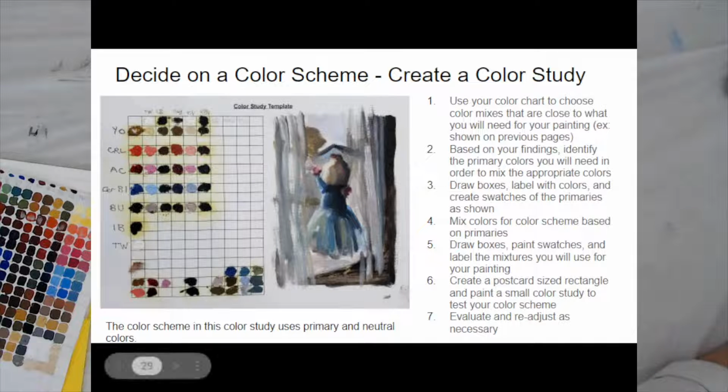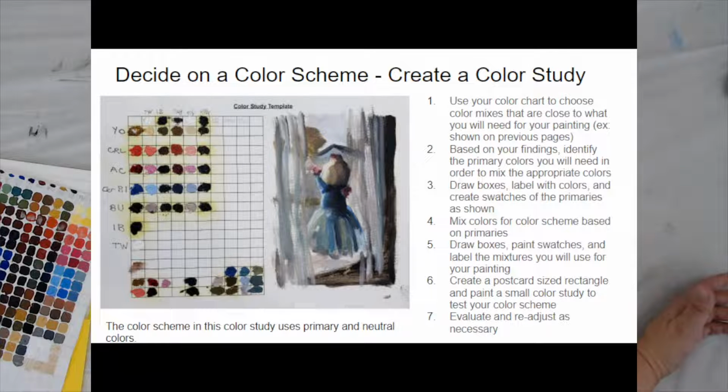Now here, I started out with all these colors and did a whole bunch of mixtures, and this is actually the limited palette on the bottom of what I ended up actually using in the painting. So what happens is, I start with the basic chart, but it might take me a couple of different mixtures to get to what I really need.